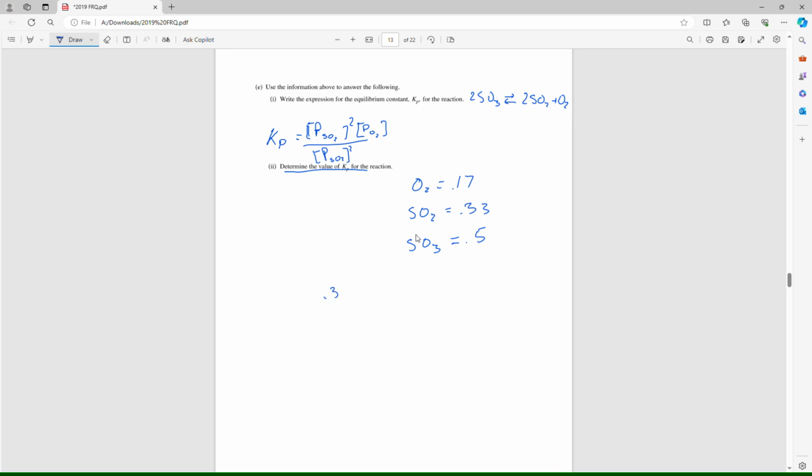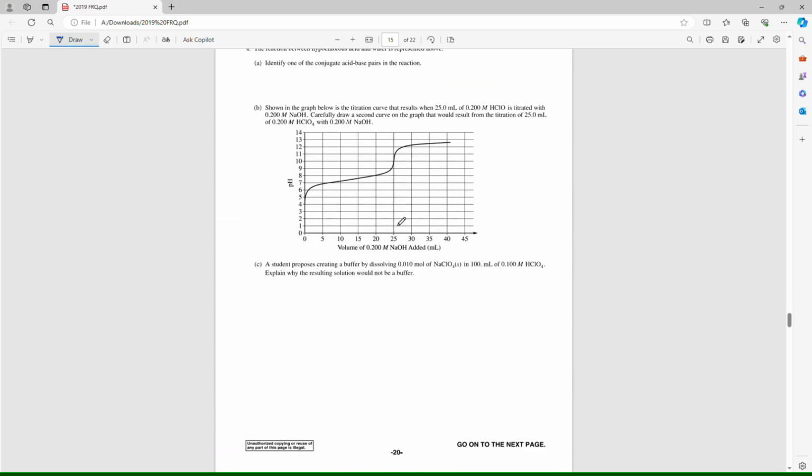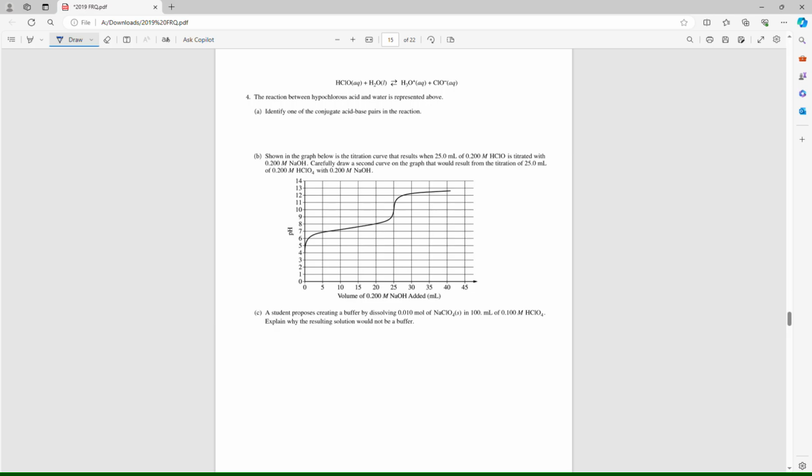We have 0.33 squared, just following this expression, times the pressure of O2, 0.17, over the pressure of SO3 squared, so 0.5 squared, and that gives us 0.074 as our Kp. Easy peasy, lemon squeezy. Forwards! Yay, all done with the long FRQs. Now on to the short FRQs.